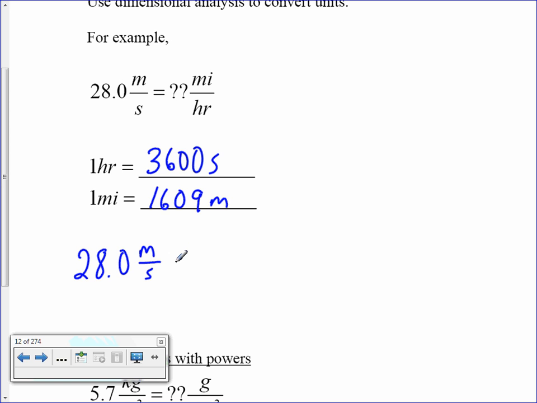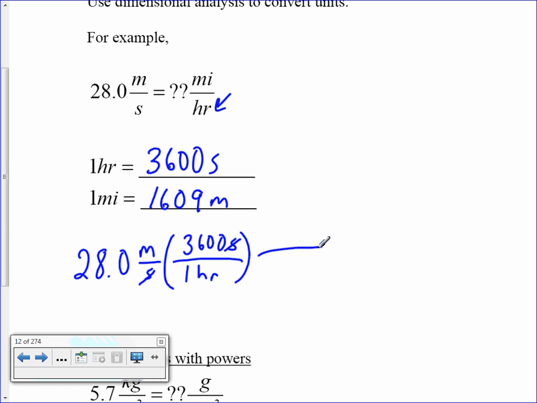What I mean by that is, for example, I'm going to put a conversion factor here. I'm going to put 1 hour in the denominator and then 3,600 seconds in the numerator. Those values are equivalent. There are 3,600 seconds in 1 hour, so that has a value that's equivalent to 1. However, I see that my seconds are going to cancel, and it's going to leave me with hours in the denominator, which is what I want because I'm looking for miles per hour.